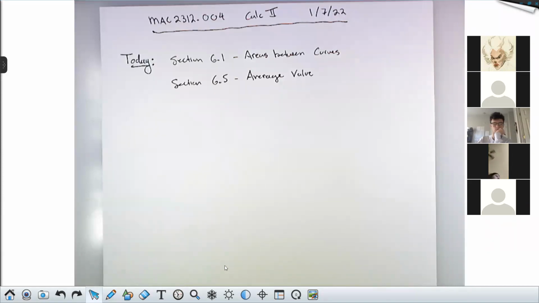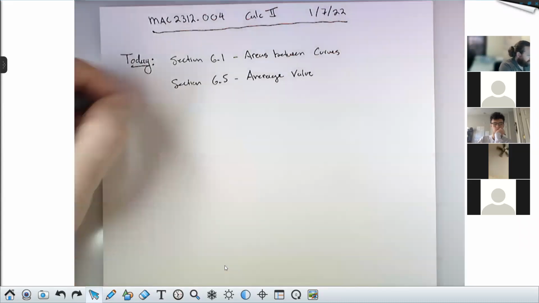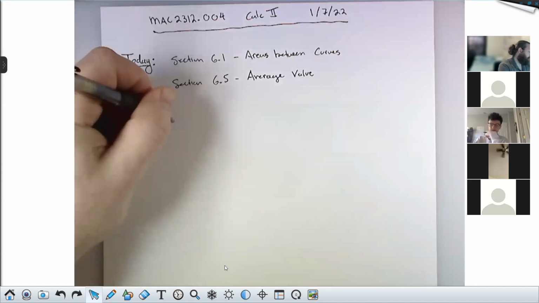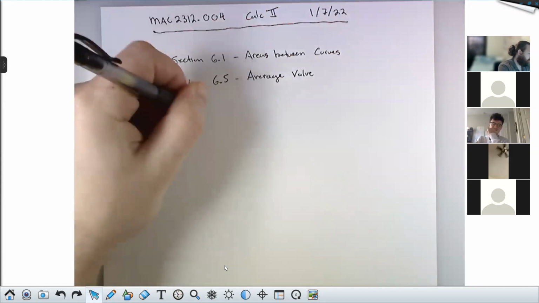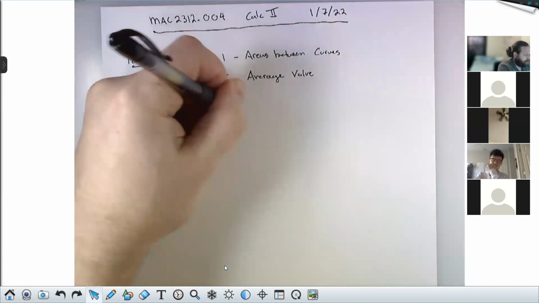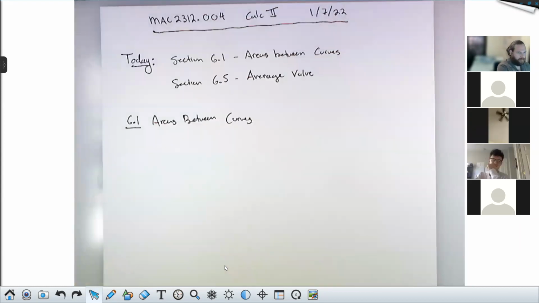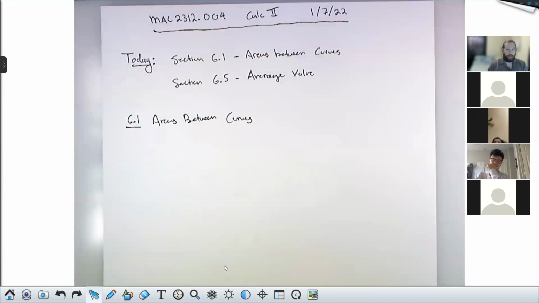Areas between curves. What are we doing with this stuff? The basic idea is that you can extend the concept of the definite integral measuring the area bounded by one function to measuring the area bounded between two curves.